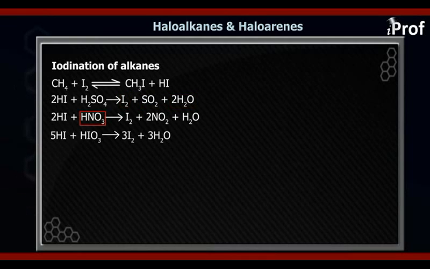If we add HNO3, then HNO3 reacts with HI and forms NO2, that is nitrogen dioxide, and it forms I2 as well as water. If we add HIO3, that is periodic acid, it reacts with the HI and forms I2 and water. So once we add the oxidizing agent, these oxidizing agents remove HI as soon as it is formed in the reaction.